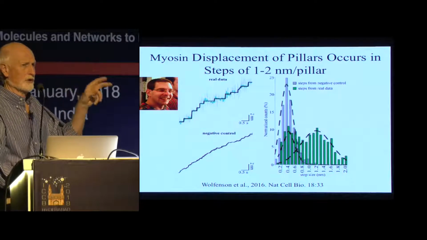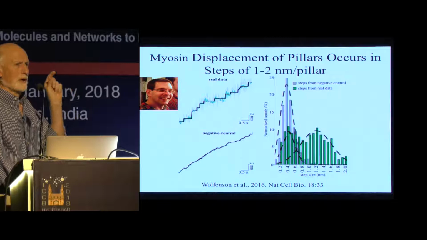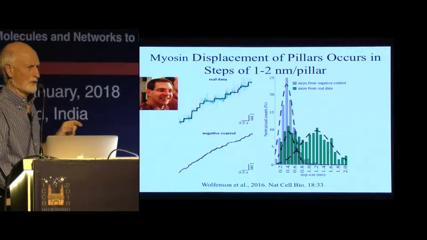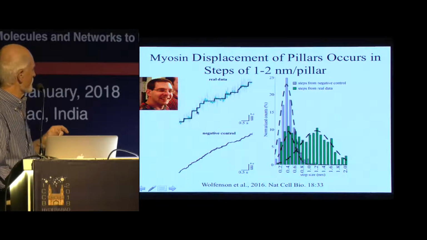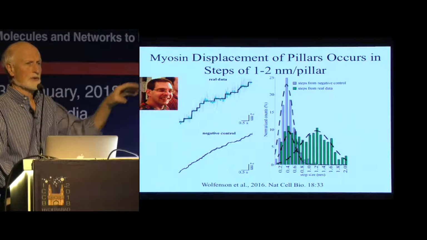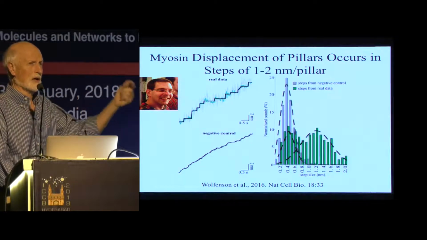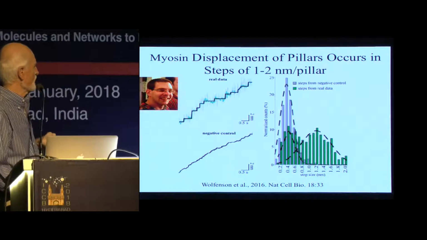When we analyzed this in more detail, a guy, Wolfenson, got a 100 hertz camera so we can measure the position of the pillars to within about 1 nanometer every 10 milliseconds. We averaged those frames here for 15 frames, and then applied a step analysis program and saw that there were real steps in this contraction, indicating that myosin was pulling this and stepping along the actin filaments.